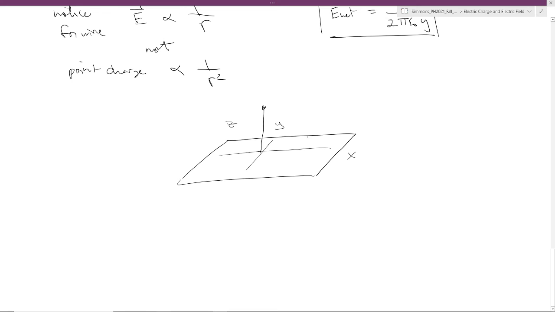Instead of a little linear charge contribution, imagine a little chunk of area. This distance will be r. Each chunk of this, this would be x, this would be y.